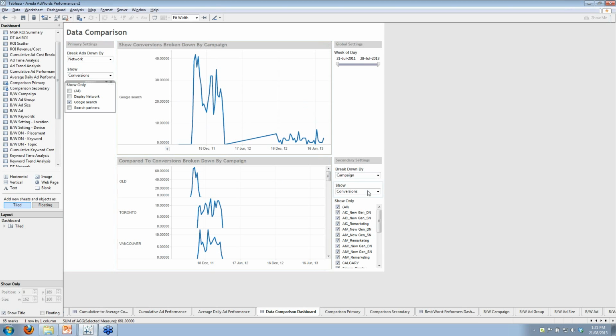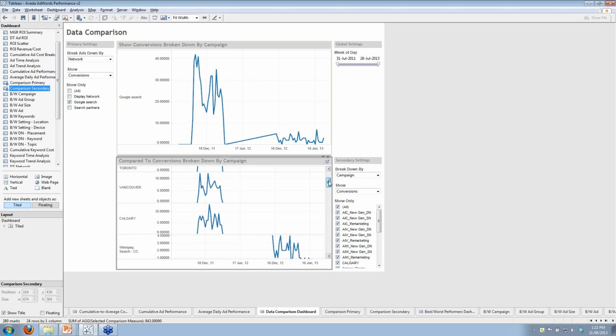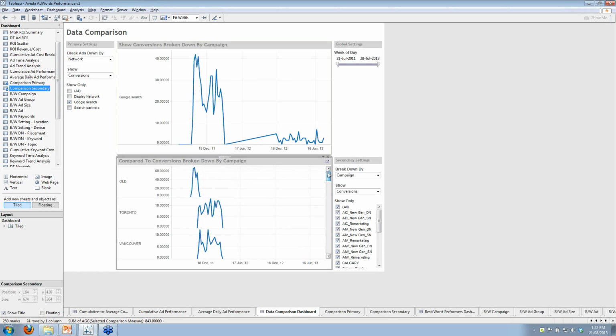In this particular case, we had 42 conversions that were generated sometime around the 18th of December. Which campaigns contributed to those 42? Well, that's what this lower element shows. It shows the different campaigns that were contributing to those conversions.